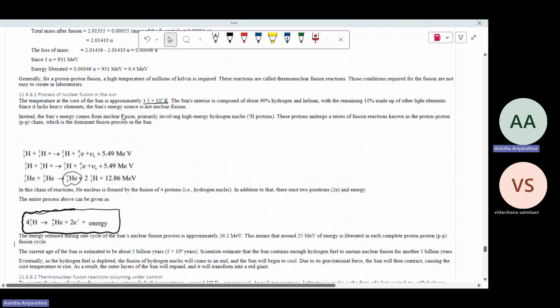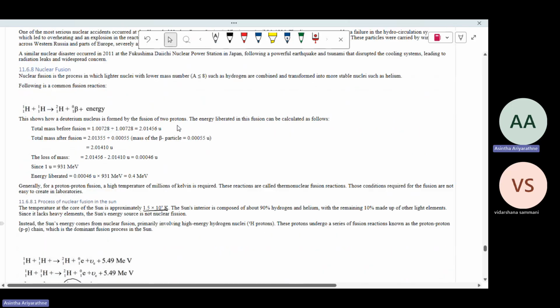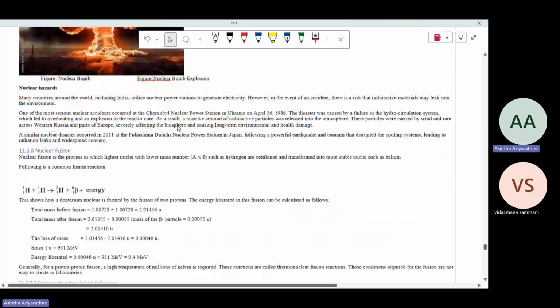The main disadvantage of the nuclear fusion process is the high temperature required for it to happen, like 1.5 times 10 to the power 7 Kelvin. Whereas for the nuclear fission process that we discussed earlier, high temperature is not required.